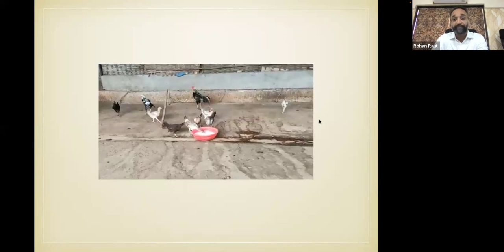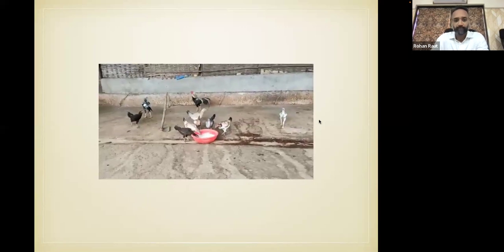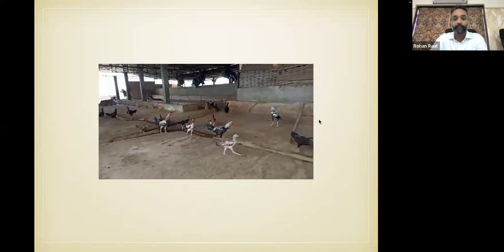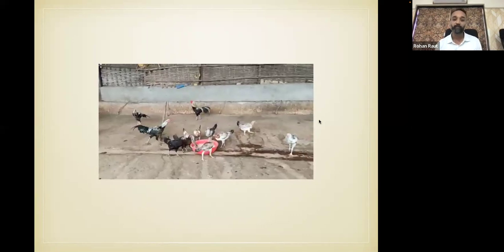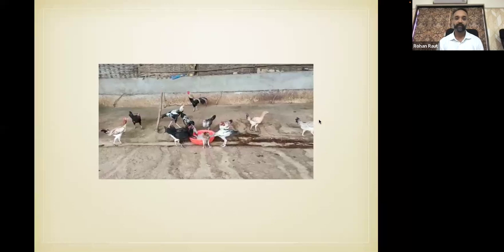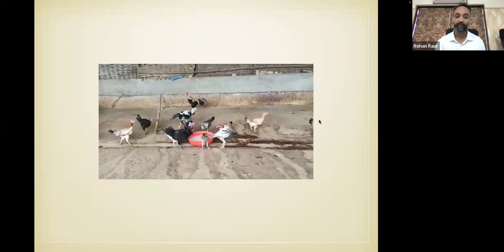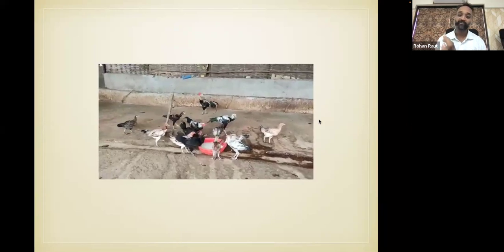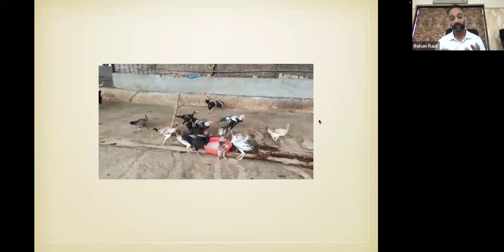Then we also feed buttermilk to all the chickens. The benefit of consuming buttermilk, for cattle and for humans, is that it is one of the best sources of calcium. So that got transferred into my eggshell. So my mortality of chicks was literally zero.